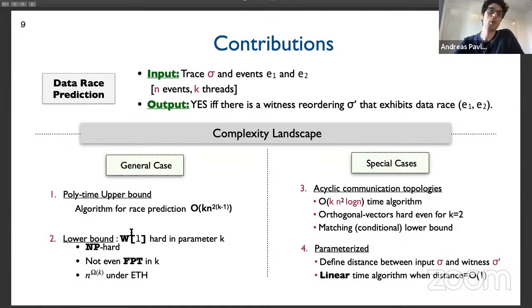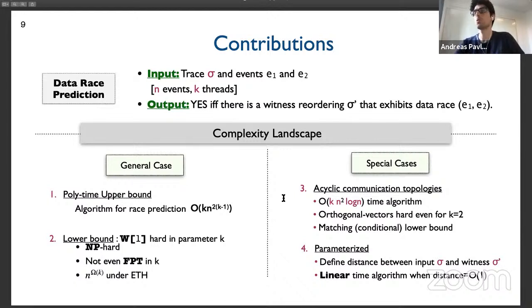And then approaching this problem from the other direction, we establish a lower bound of W1 hardness on the parameter k, which means that the problem is not only NP hard, but also not likely to be fixed parameter tractable in the number of threads. So essentially, you have to suffer some exponentiation on k. And even further, under the exponential time hypothesis, it follows that we also have a linear dependency on k in the exponent. So in some sense, our upper bound and the lower bound kind of match.